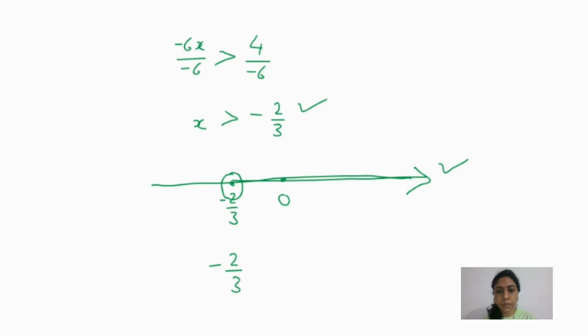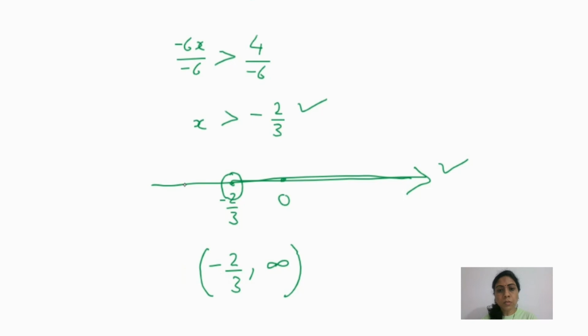But this time it is not equal, and this is a hollow circle, so we simply write a parenthesis, and here infinity, never ended.